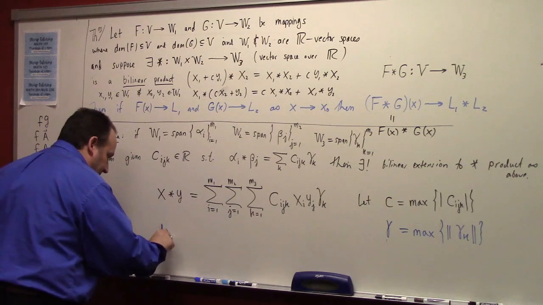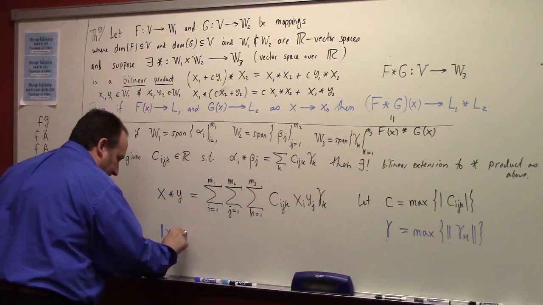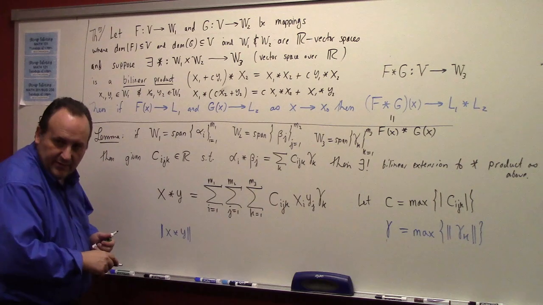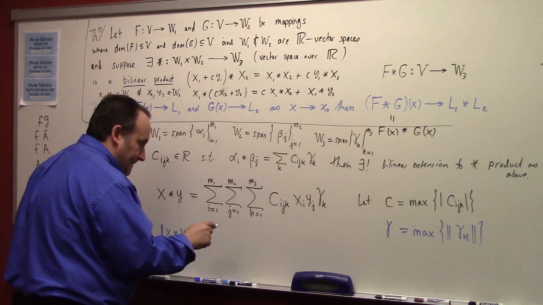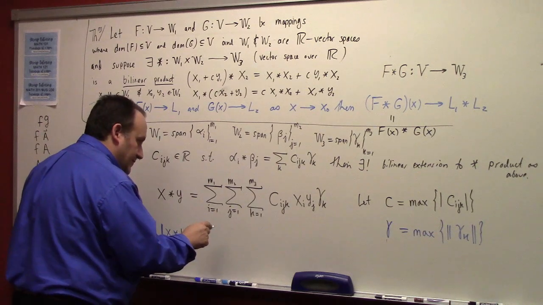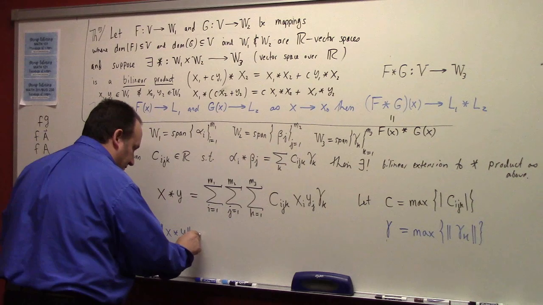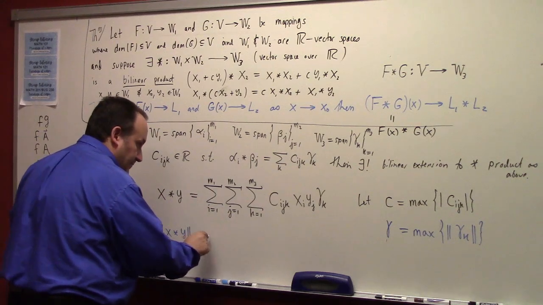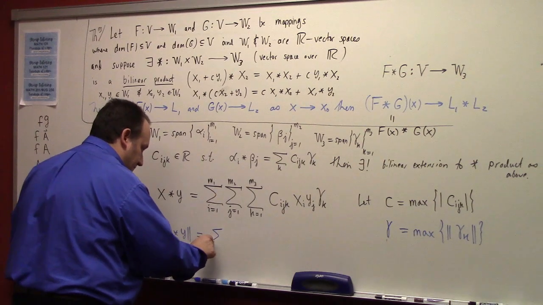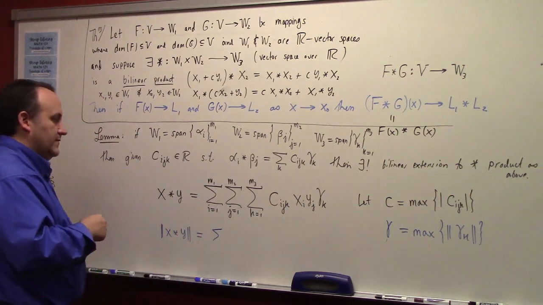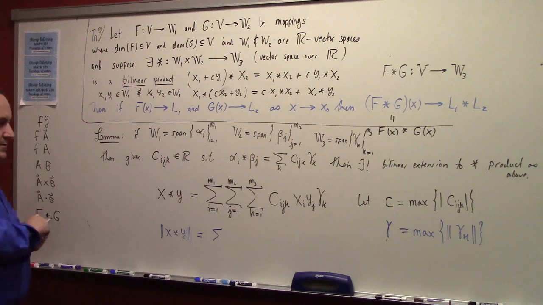I would have the norm of x star y by the triangle inequality, right? Well, I guess I could just write this. This is equal to, like the sum. Well, maybe I'm getting too carried away here.